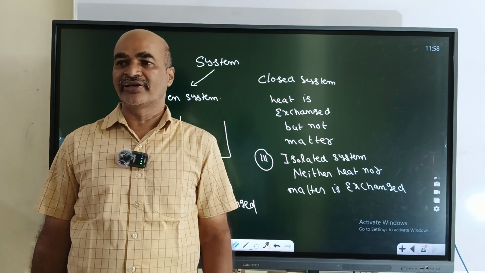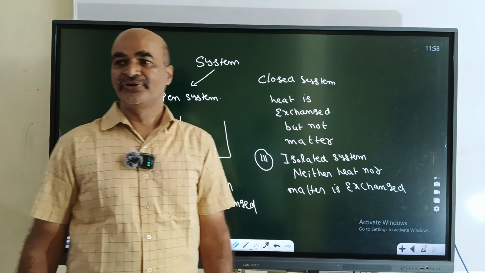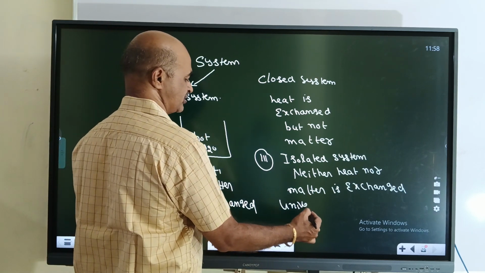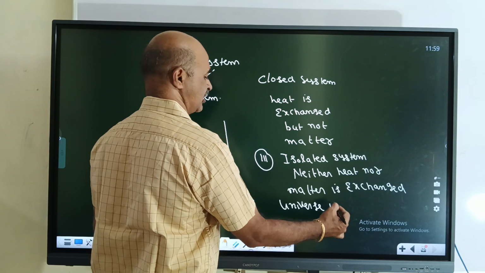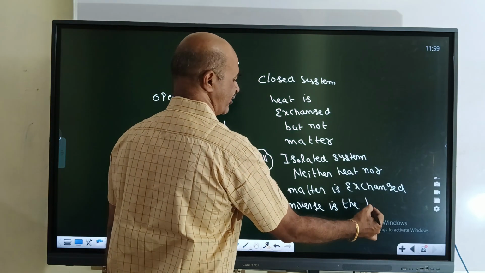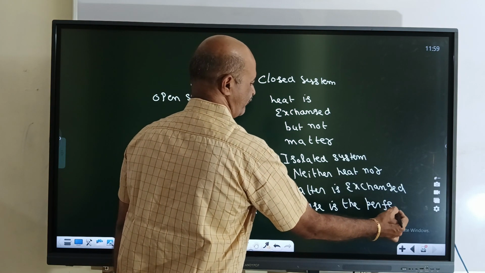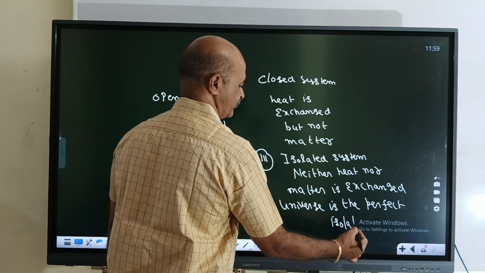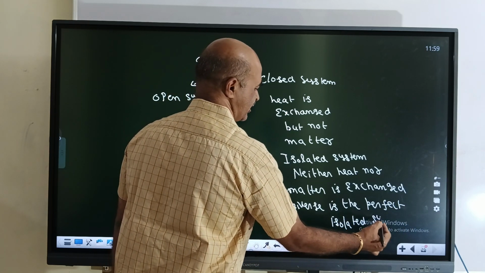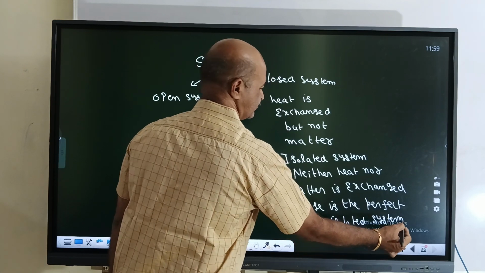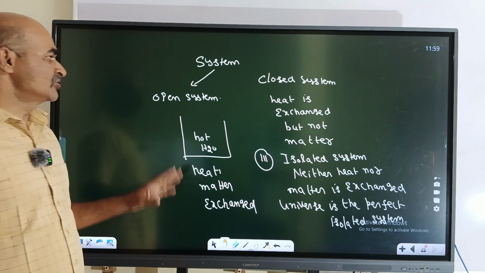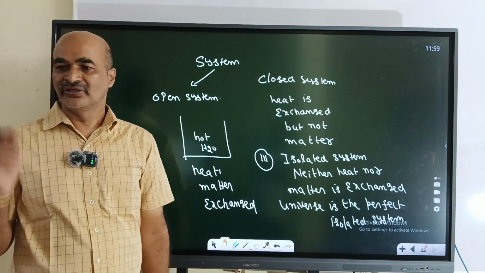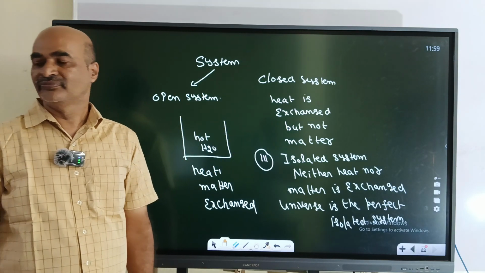Universe is the perfect isolated system. So system has three types: open system, closed system, and isolated system.